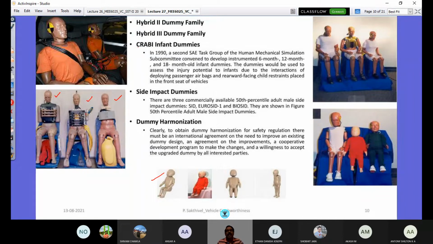So what is essential is dummy harmonization. Like human harmony is essential for peace in the world, this dummy harmonization is going to have a good hold on further development of vehicle safety systems, in particular in the big domain where you require humans to be tested, especially aircraft crash and so on, where we cannot take a chance of even using cadavers.